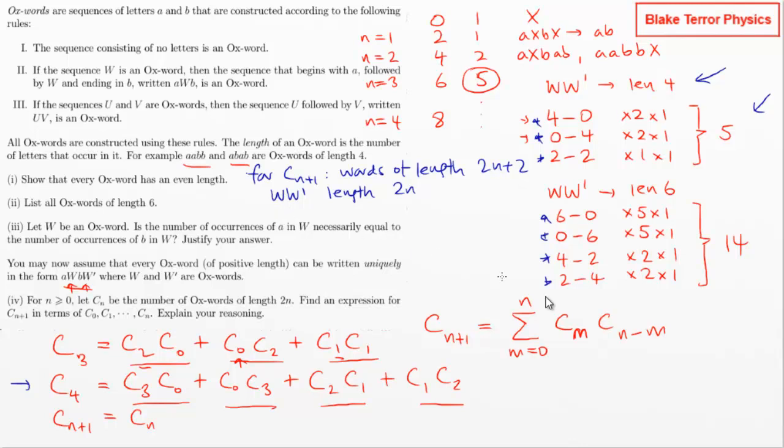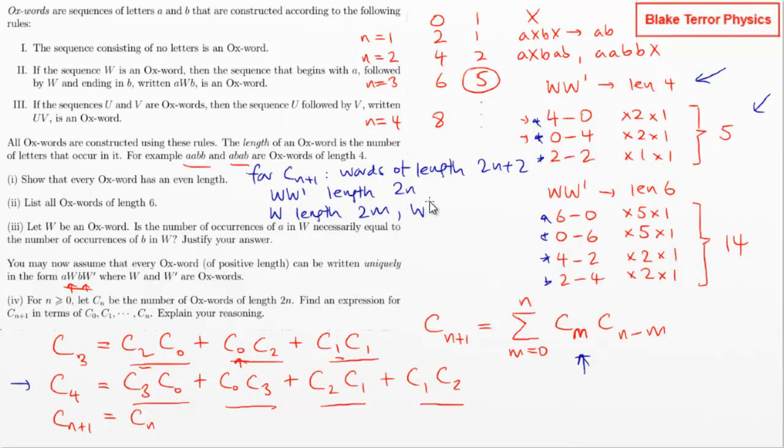I've used m down here, so let's use m again here. Let's say that W has got length 2m, because we're counting up in twos. It's going 0, 2, 4, 6. We're not going 0, 1, 2, 3. So let's go for 2m.